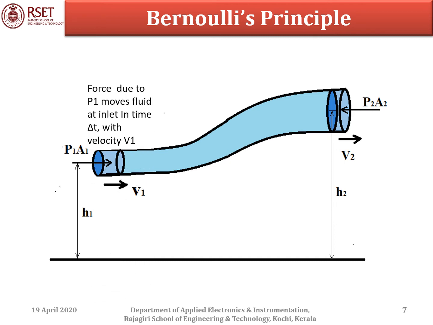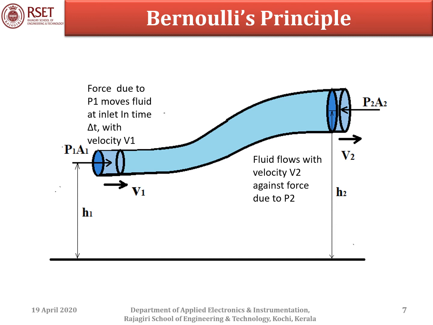So P1A1 is the force that is acting on the left side, and because of this, if it acts for delta t, fluid flows with a velocity v1, and similarly on the right side we see that fluid flows with velocity v2 against force due to P2. Now you can see on the left side as well as on the right side a circular section is indicated by darker blue shade.